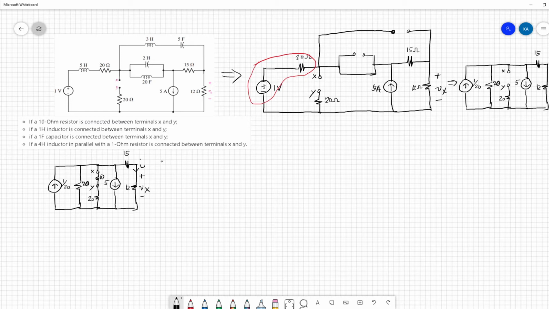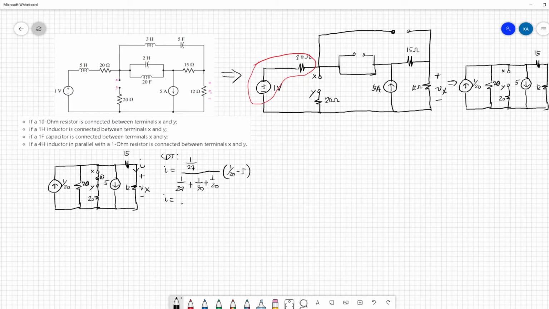Now solving for I using CDT, I is equivalent to 1 over 27 over 1 over 27 plus 1 over 30 plus 1 over 20 times 1 over 20 minus 5.